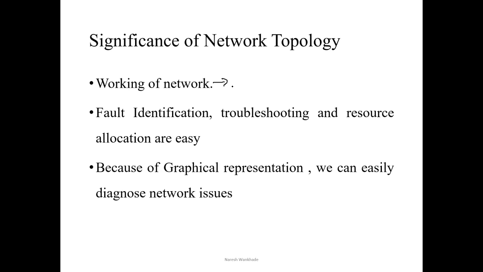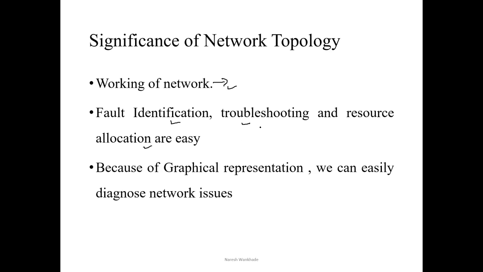First one is the working related. In this case, we are completely aware of the working of the network. Means we are aware of how the network functions. Then if network topology is known to us, in that case, we can easily identify the fault.